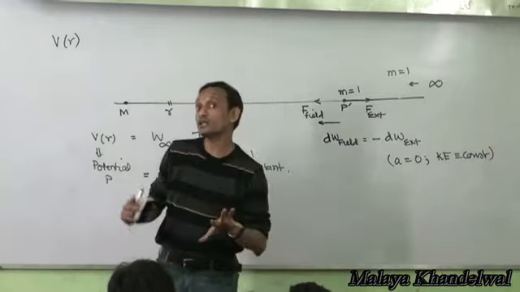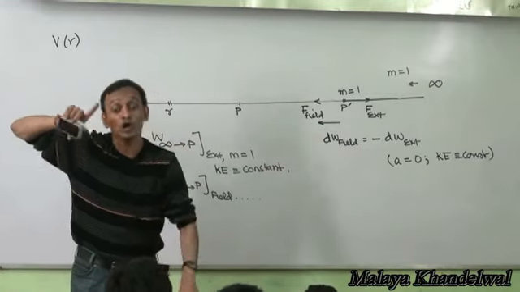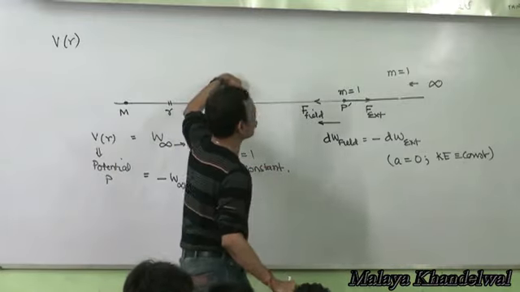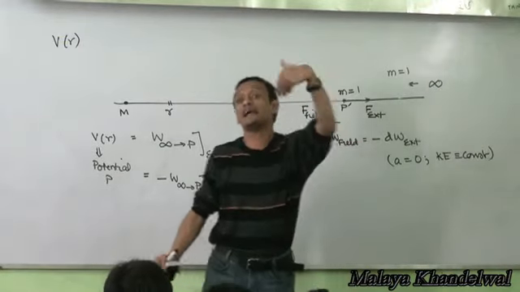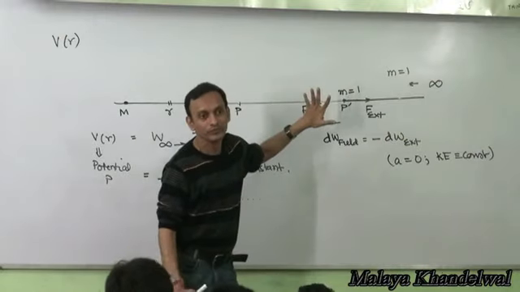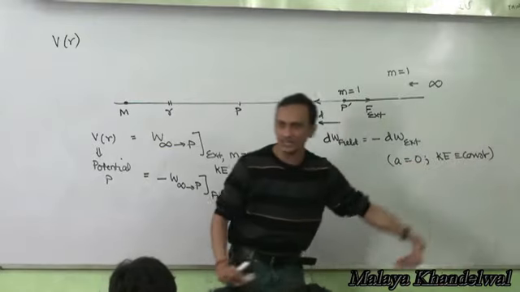In which case, the work done from infinity to P by the field is negative of the work done from P to infinity by the field, right? If you now imagine the particle to go from P to infinity, do you realize that the work done by the field will be negative of the work done by the field when the particle came from infinity to P? Because the force has the same direction, but now the displacements are oppositely directed.